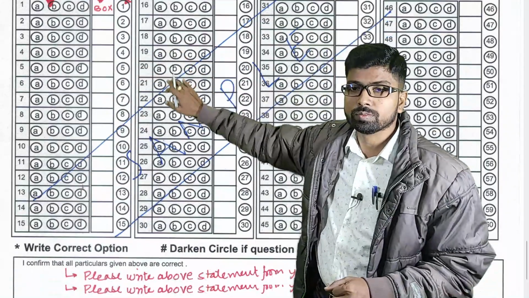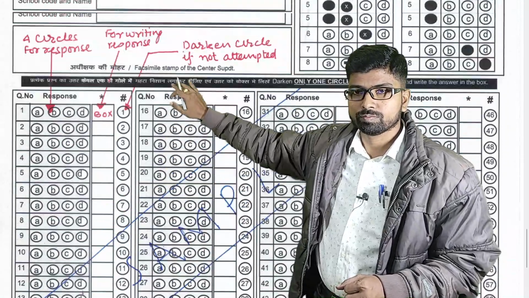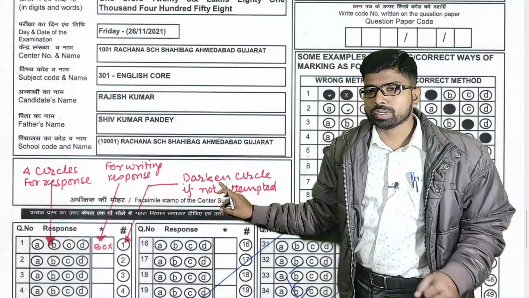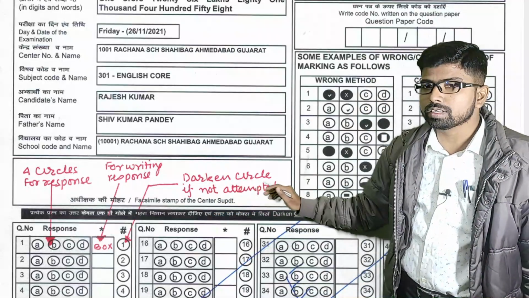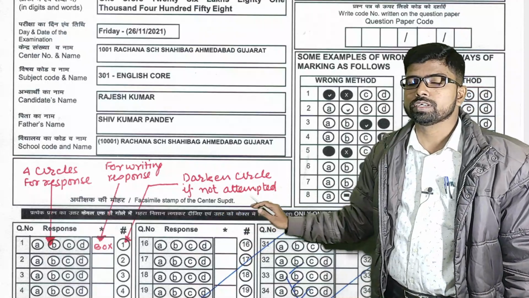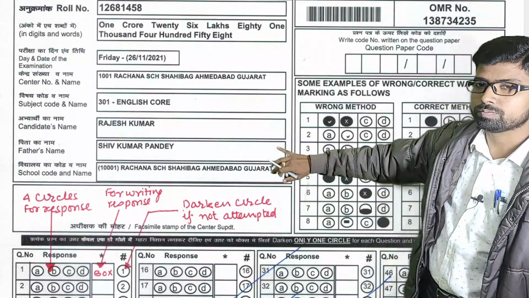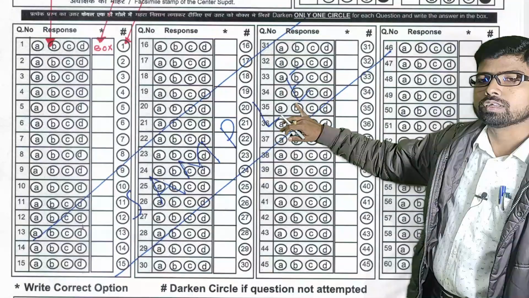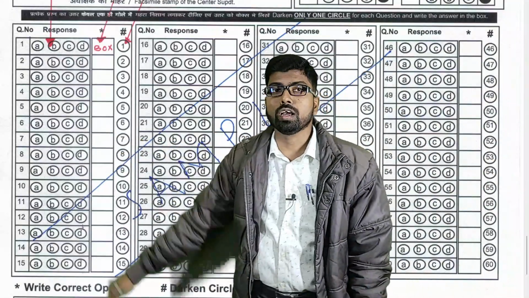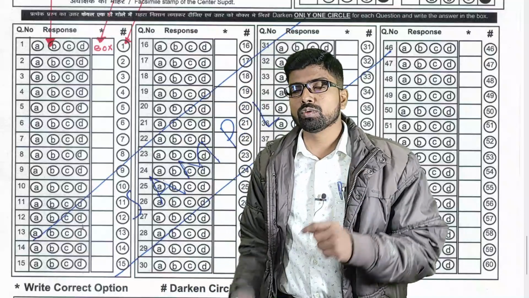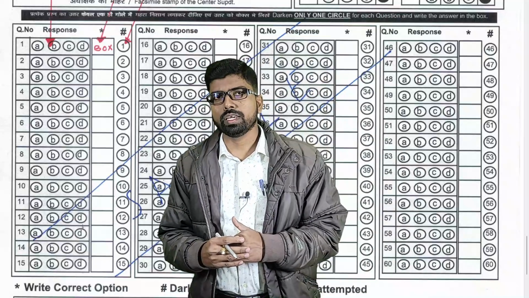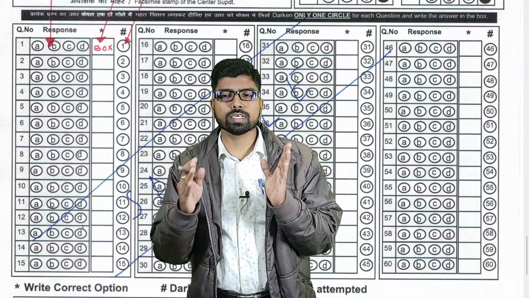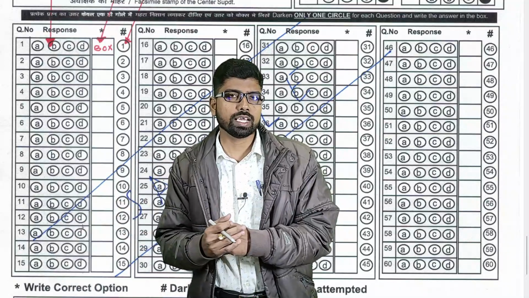Let me go down. Wait 1 minute. Here you can see in the sample it is written: darken the circle if not attempted. One more thing: in your examination some sections will be there, section A, section B, section C, like that.